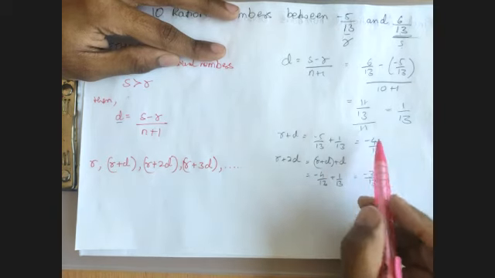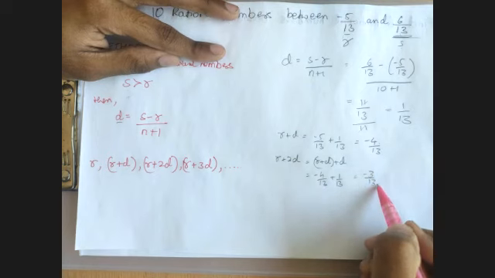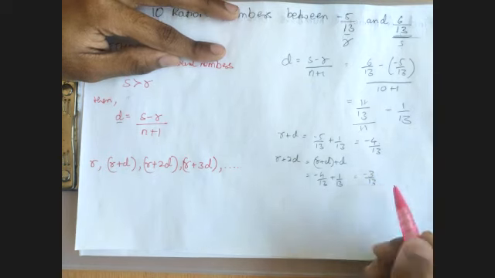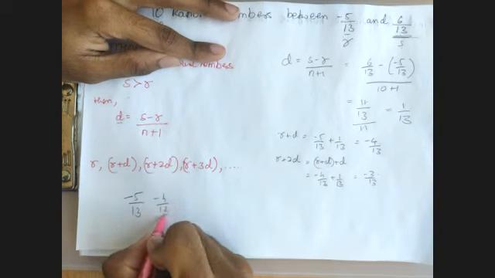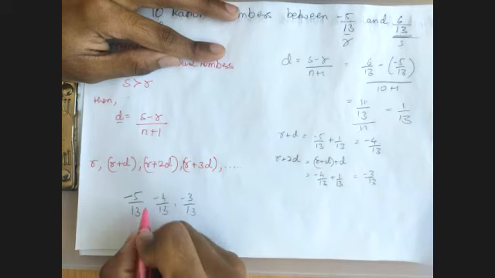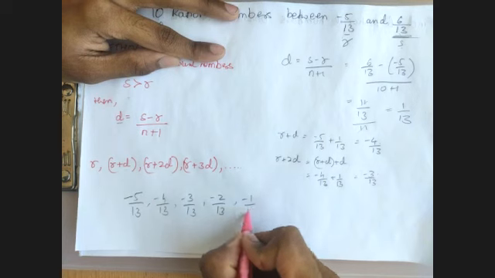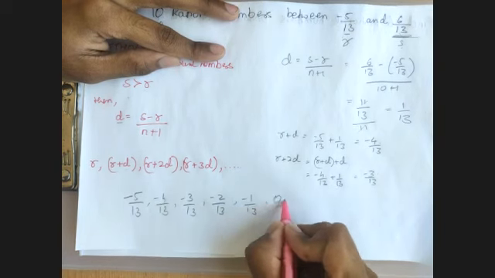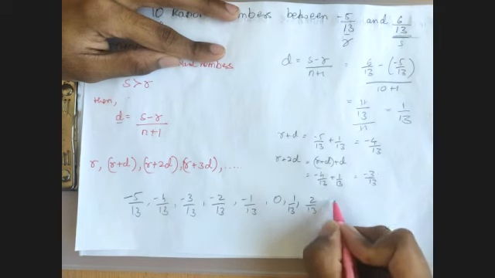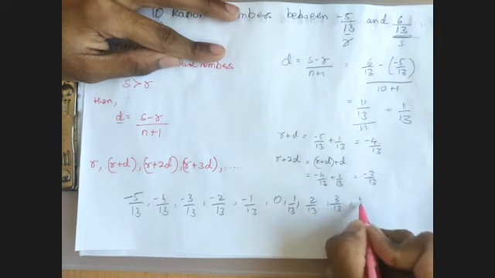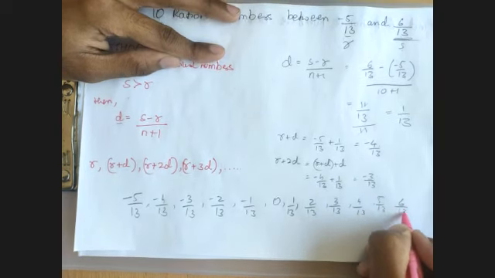So if you look at this, it was minus 5 by 13, then minus 4 by 13, minus 3 by 13. I know you know the sequence. It is minus 5 by 13, minus 4 by 13, minus 3 by 13, minus 2 by 13, minus 1 by 13, then 0, 1 by 13, 2 by 13, 3 by 13, 4 by 13, 5 by 13 and 6 by 13.